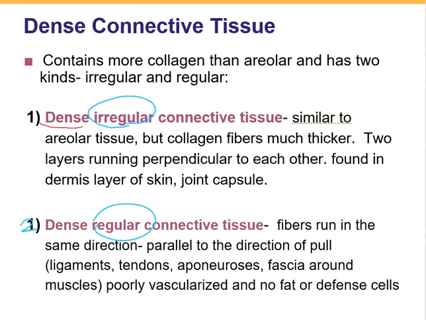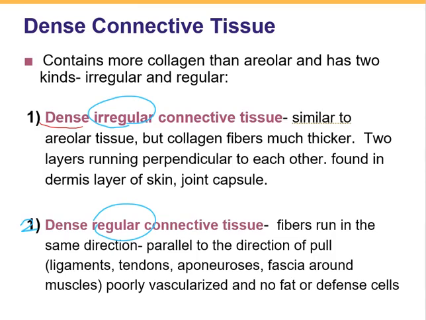The fact about dense regular connective tissue is that it has a limited blood supply, which affects its healing capacity. So it means that ligaments and tendons, if they are injured, heal slowly because of the low blood supply, being poorly vascularized.